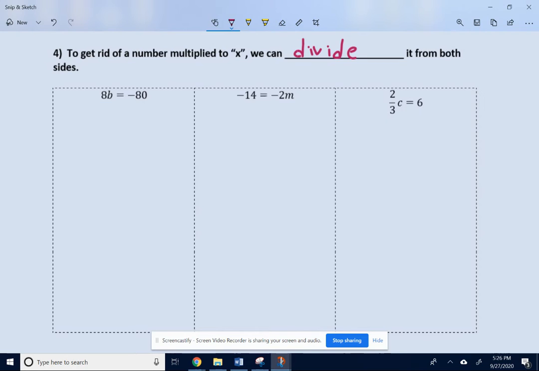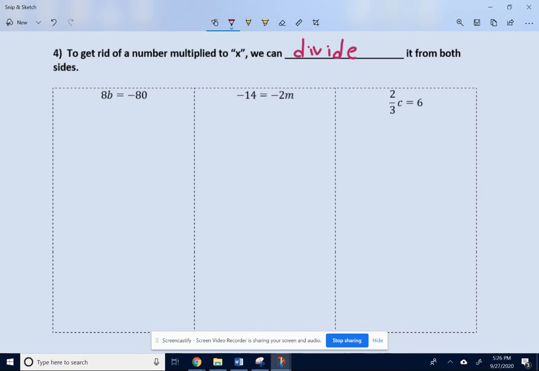Okay, the first problem, 8 times b. Now that's what that means. When you have a number and a variable mushed together, it means that they're multiplied together. So 8b equals negative 80. That means 8 times b equals negative 80.